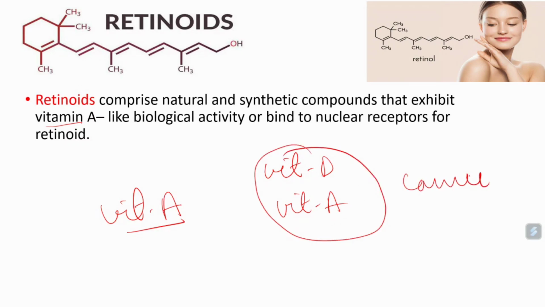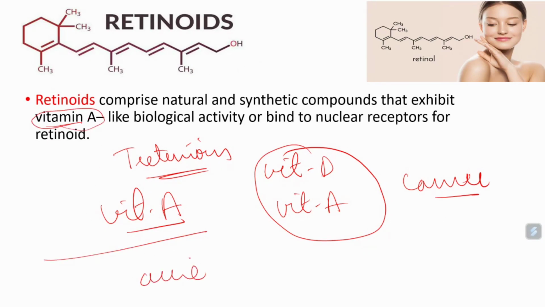They are used in cancer as chemotherapy agents. In that, tretinoin, remember, tretinoin is a very, very important drug. Okay, so these retinoids, vitamin A associated compounds, are widely used in acne. Actually, they are used in acne, but in cancer also they are used.